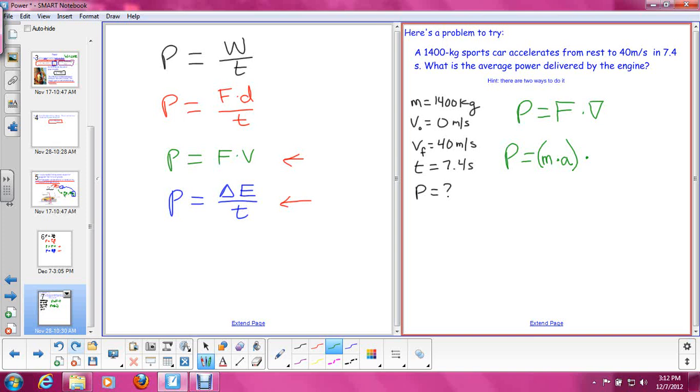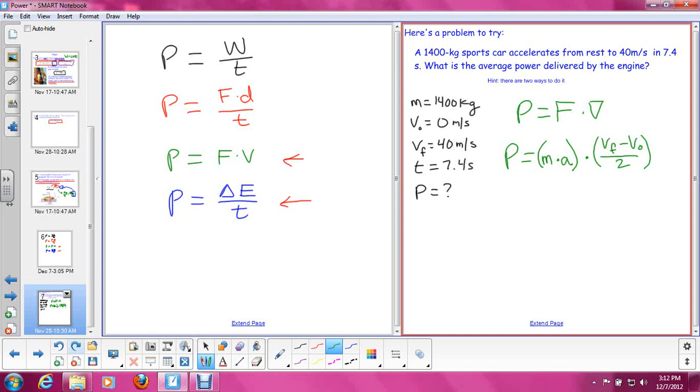And we represent that with a little line over the V, over the symbol. So in order to find the average velocity of this vehicle, we can take its final velocity minus initial velocity and divide by 2. And this is going to tell us about how fast it was going the whole time.